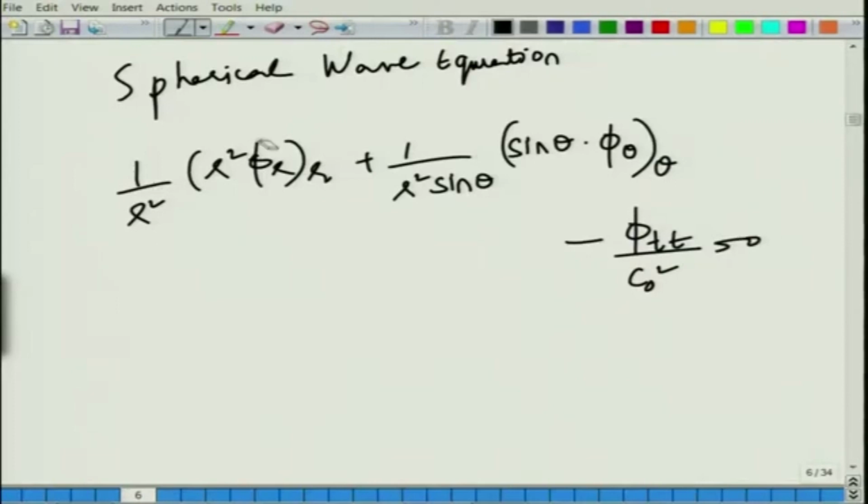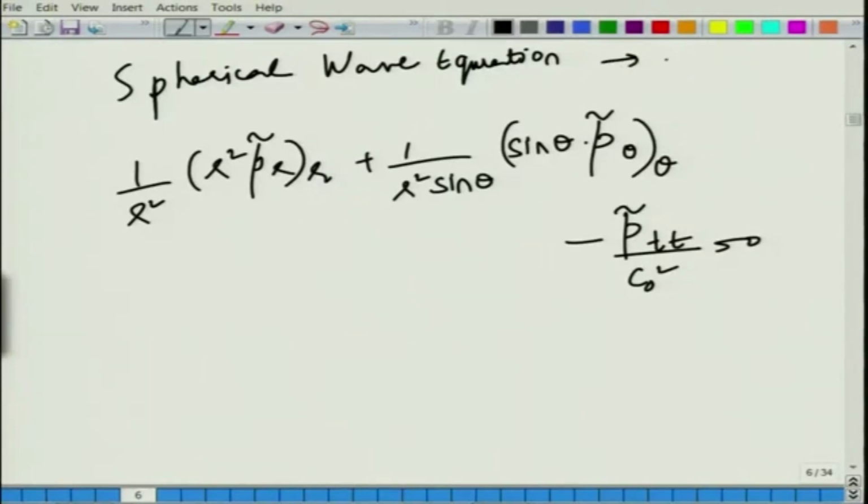Here let's replace phi by p tilde, where p tilde is now the acoustic pressure. Here theta suffix means derivative with respect to theta, and we have purposely omitted the phi term.